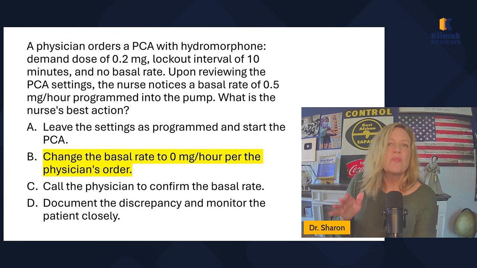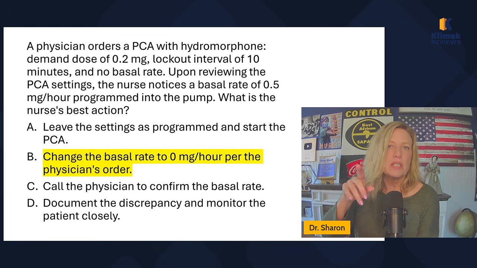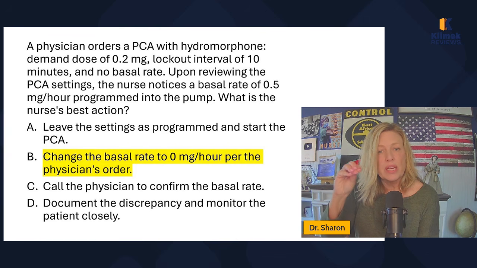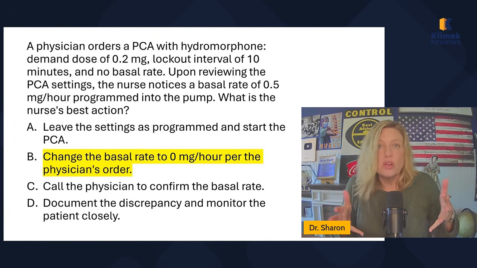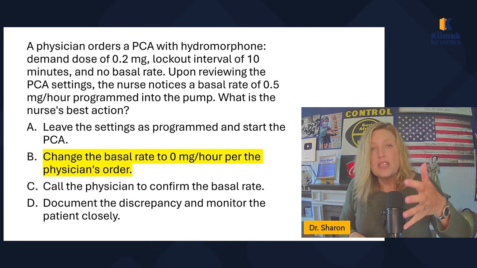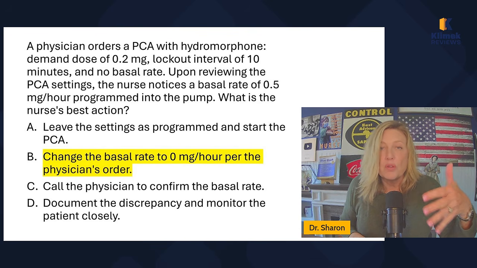That's the doctor's order. Listen, there are going to be questions on NCLEX. They're going to test whether you can follow a doctor's order. So don't ever pick an answer that shows you not following the doctor's order, okay? Unless the question says which order will you question, then you can question orders. But questioning orders means you think it's going to harm the patient. So you only question an order when you think there's harm.